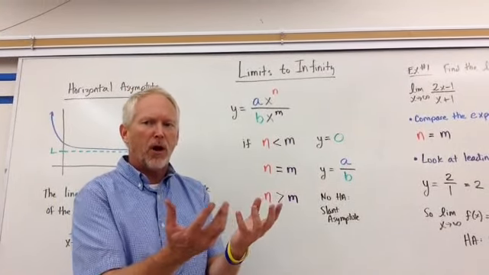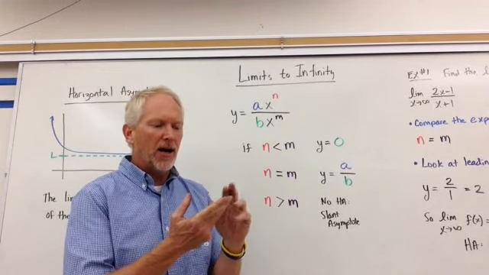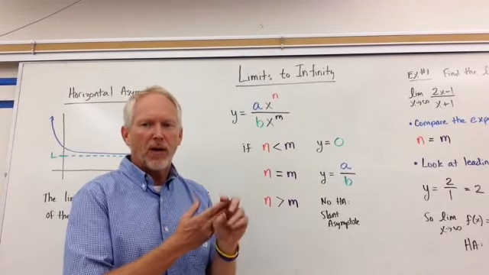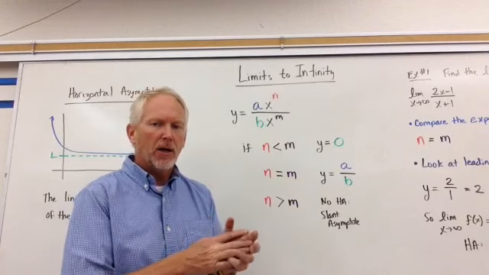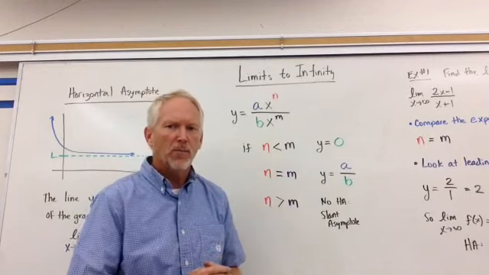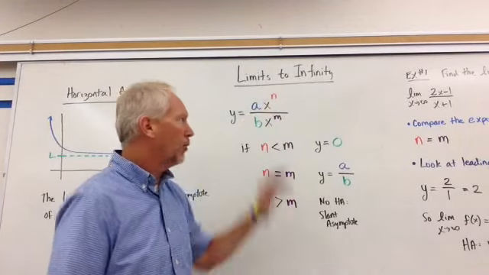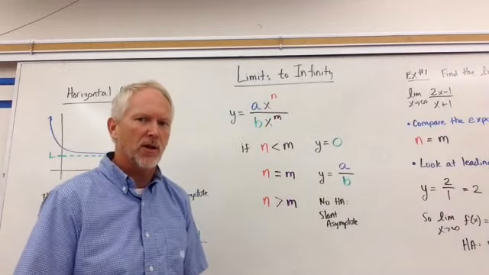The leading term always has the highest exponent on the x associated with it. Now, the coefficient might be a fraction or a negative or whatever. That doesn't matter too much. But you're looking for the power of the x to rule how the decreasing situation works.